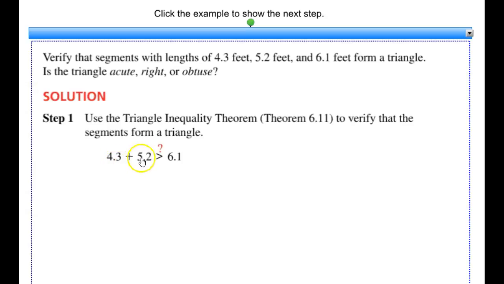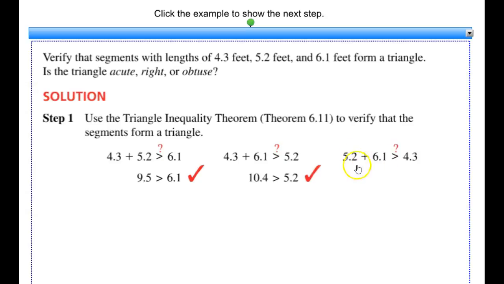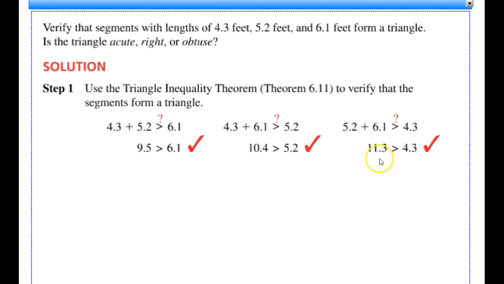I take two of the sides and add them to see if the sum is greater than the third side, which it is. Then I pick two other sides and add them to see if the sum is greater than the third, which that one is. And then I take the final sides and add them to see if the sum is greater than the third. These three all have to be true in order for this to be a triangle. Okay? So since for this example they are, I know that we're dealing with a triangle.